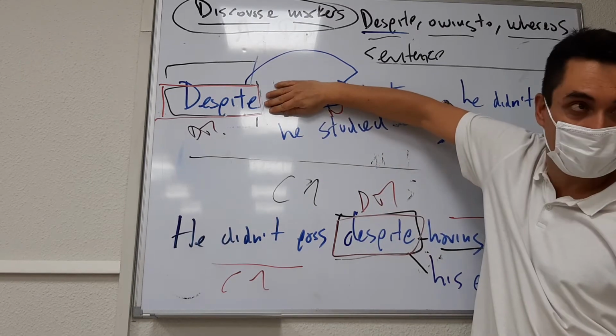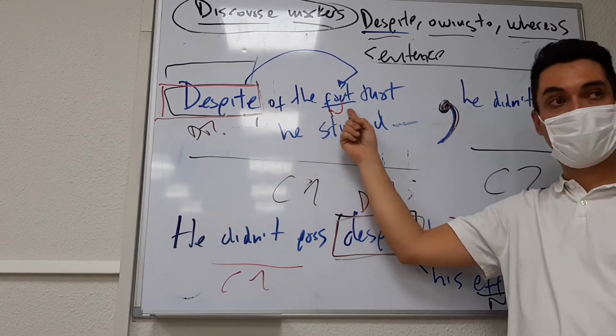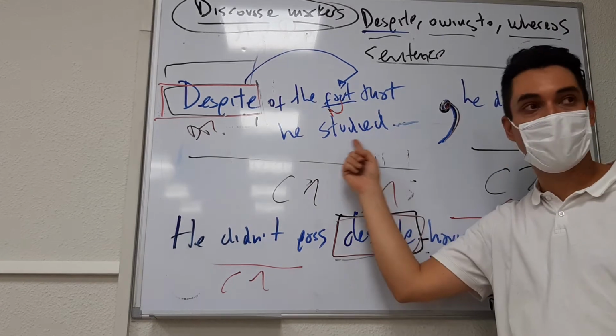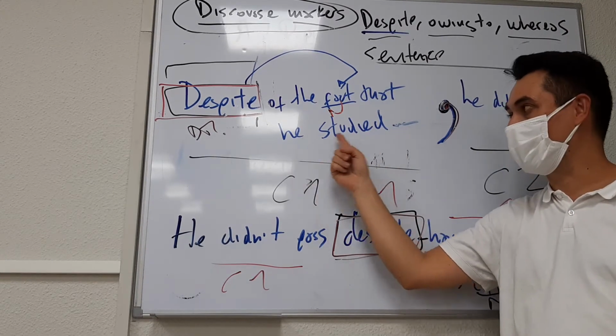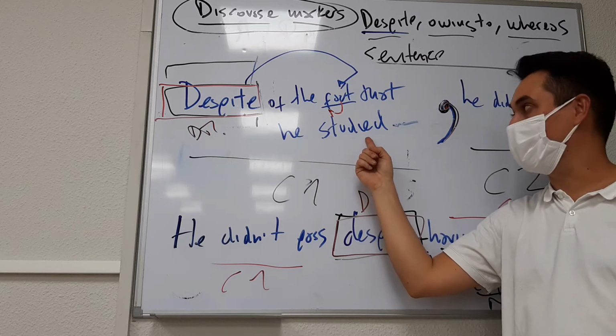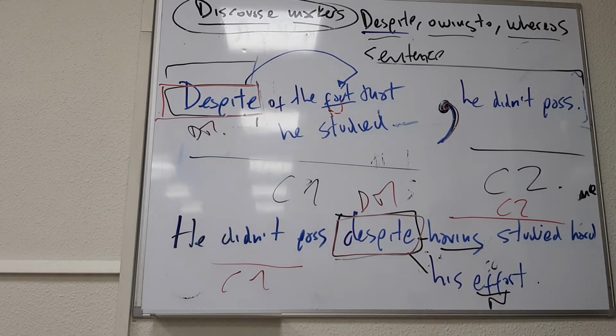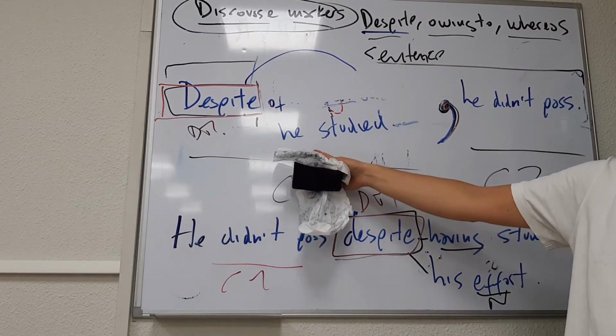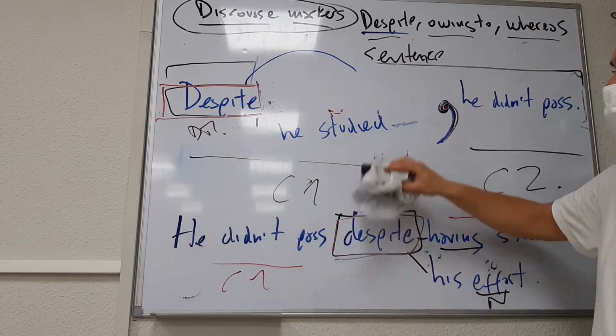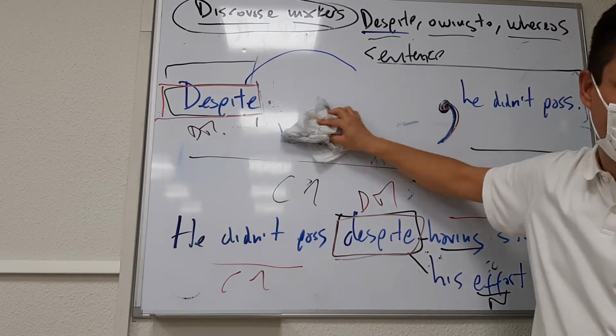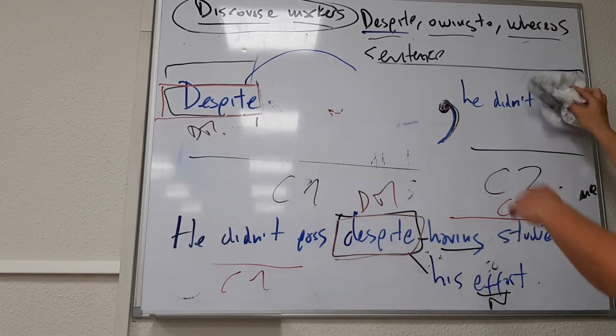No. So this is wrong. That's why you use "despite of the fact that," so that you can use a clause, a normal subject and verb form. Otherwise, if you say "despite he studied," this is wrong. You should say "despite having studied." Okay, this is despite.